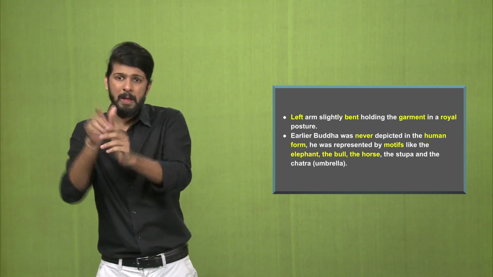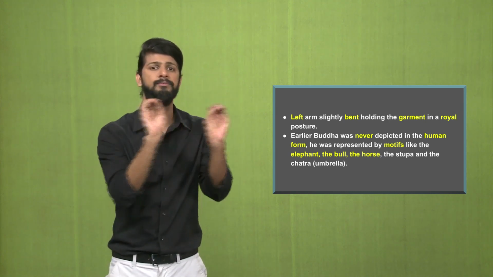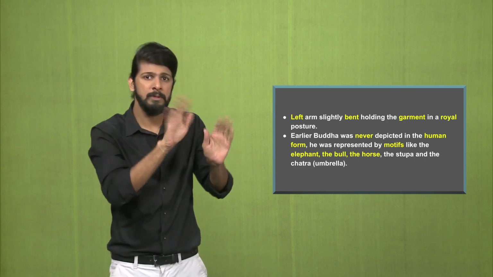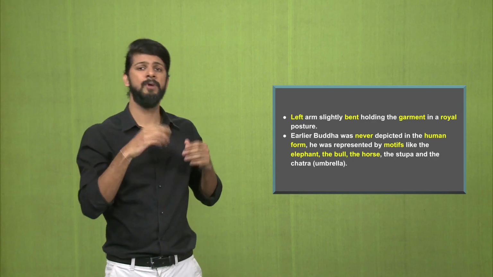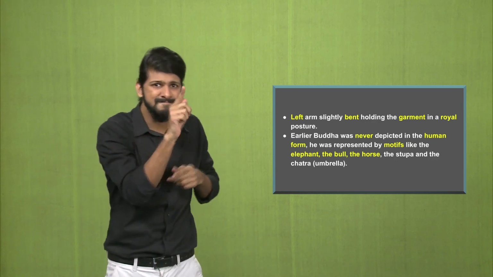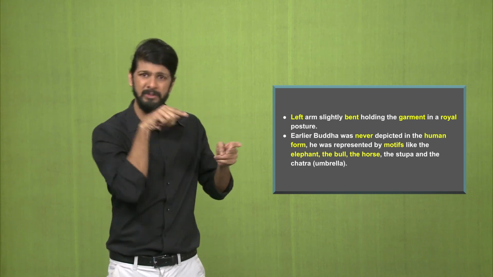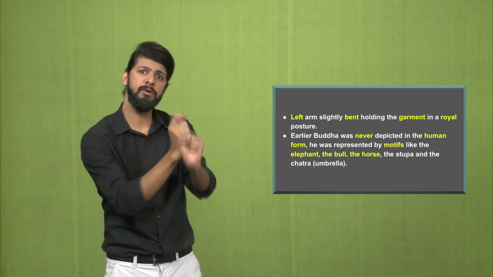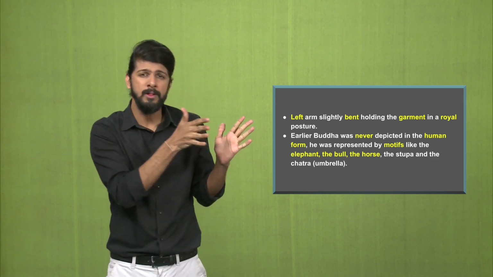The standing Buddha is one kind of depiction, but before this, the human form of the Buddha was never depicted. He was represented more by elephant, bull, horse motifs.